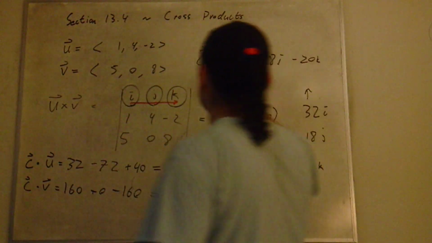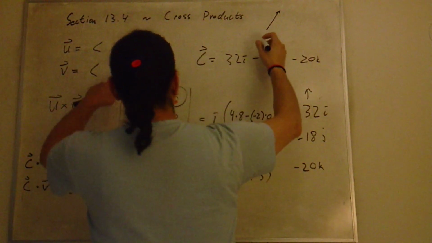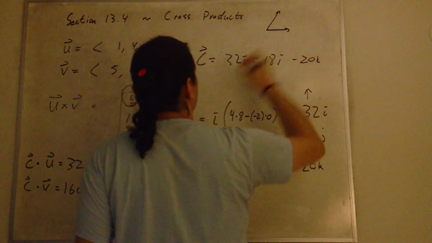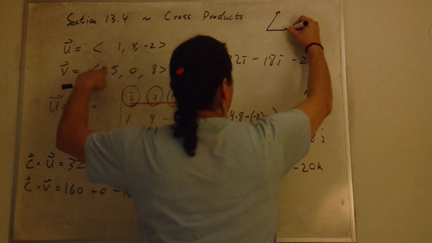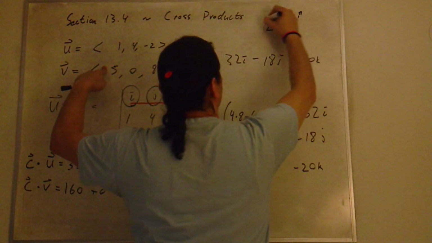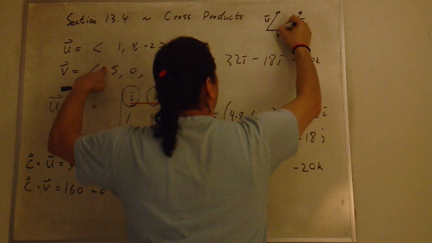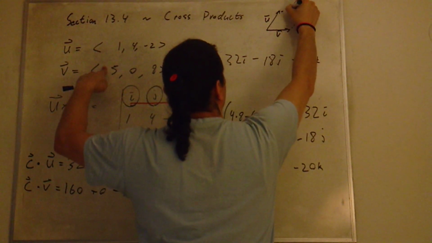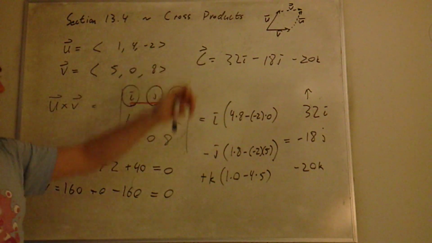So if you think about these vectors being up and back, and this one being sort of straight over, these vectors form a parallelogram. If you put a copy, this is U, this is a copy of U, this is V, this is a copy of V. Any two vectors in 3 space can form a parallelogram.